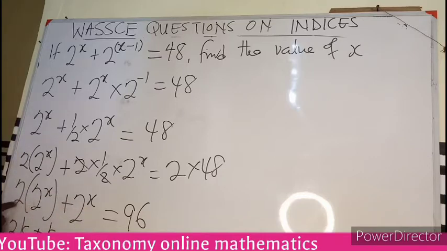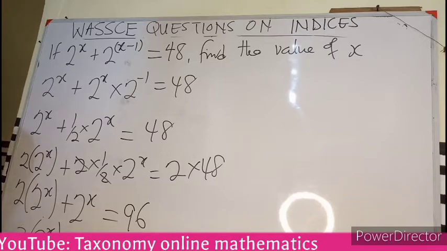That means I have 2 of the k plus k, and I believe you can tell me that I'll get what? 3k. So I can use the same ideology and say that there are 2 of the 2 exponent x plus 1 of them. And that gives me 3 times 2 exponent x equals 96.